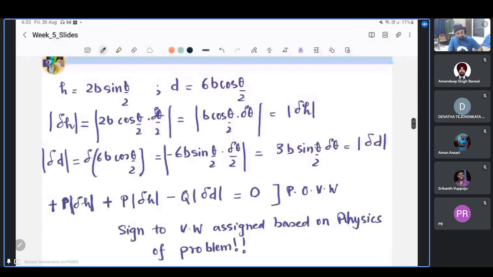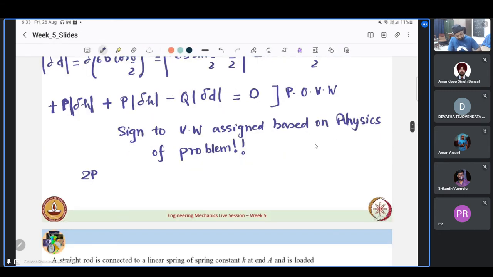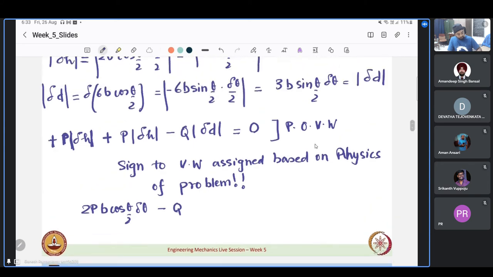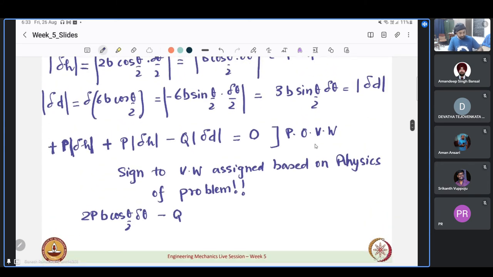It is b cos theta by 2 delta theta minus q into delta d. Absolute value of delta d is 3b sin theta by 2 delta theta equal to 0.